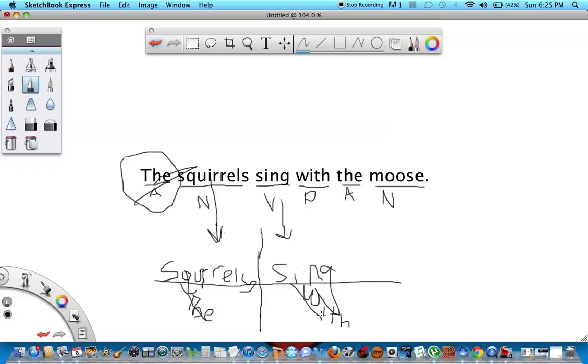Okay. And so then, going across from here, it's gonna say with what? So the squirrels are singing with the moose. So right here we're gonna write moose.